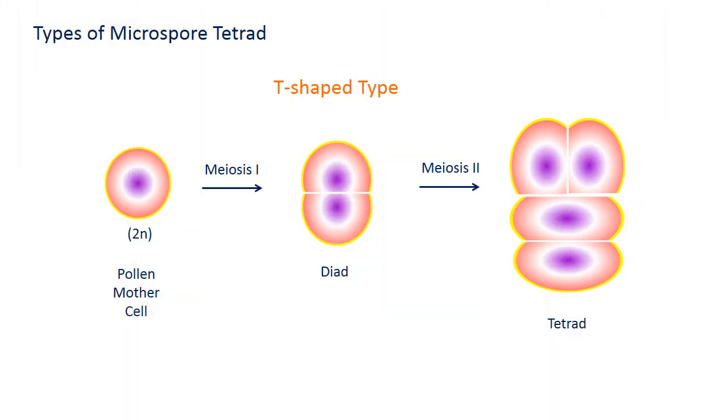Fourth type of tetrad is T-shaped tetrad. Here, the pollen mother cell first divides transversely to form a dyad after meiosis first.